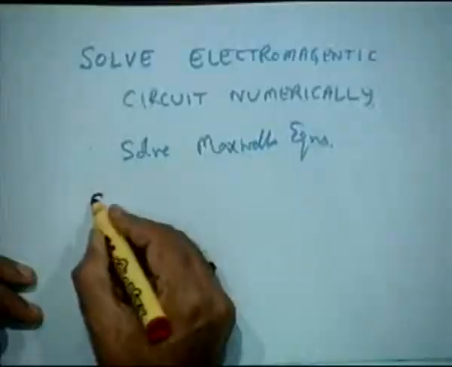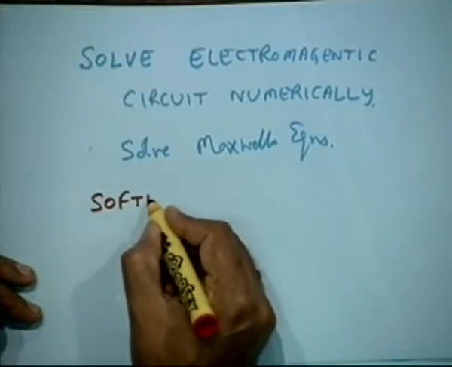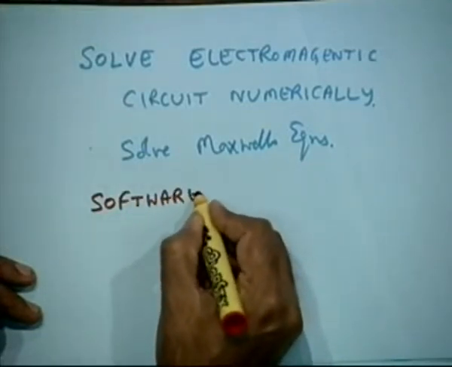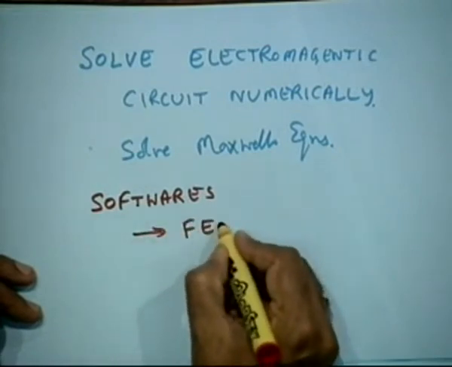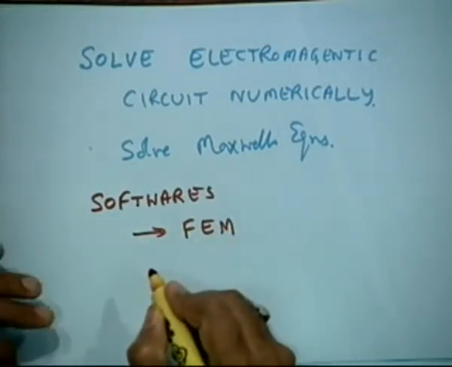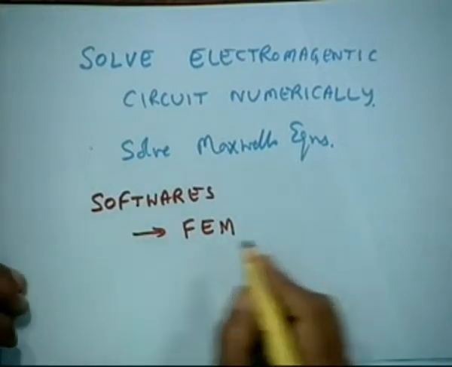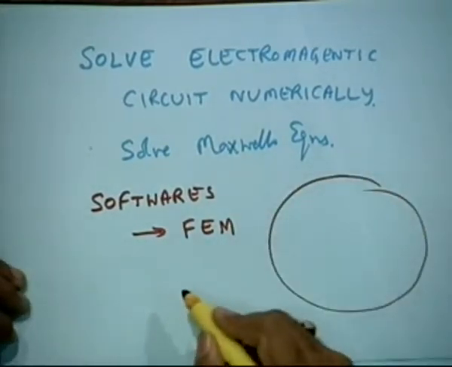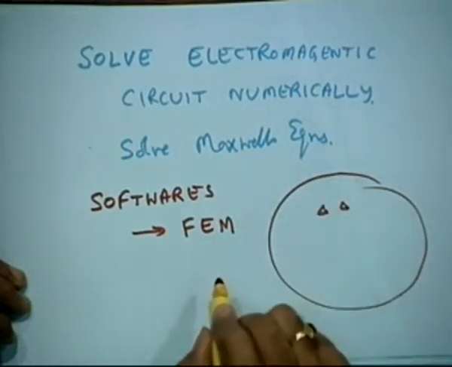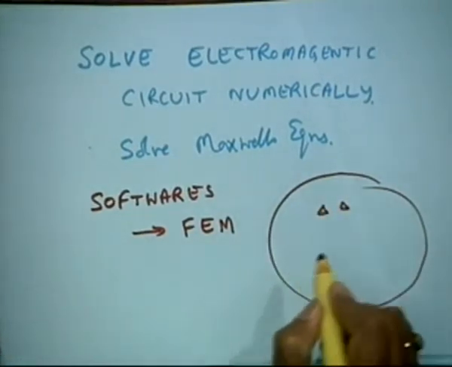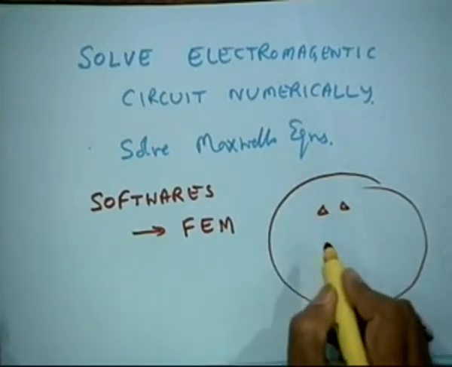This is one of the things, and there are softwares available which people can use, softwares using FEM, finite element methods. That means the big geometry is considered as small elements, typically triangles, and then you solve numerically.